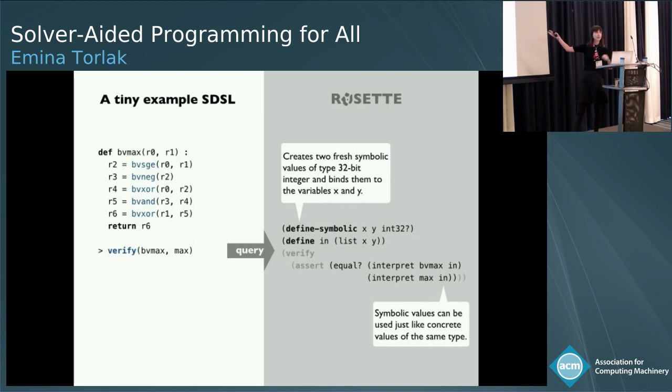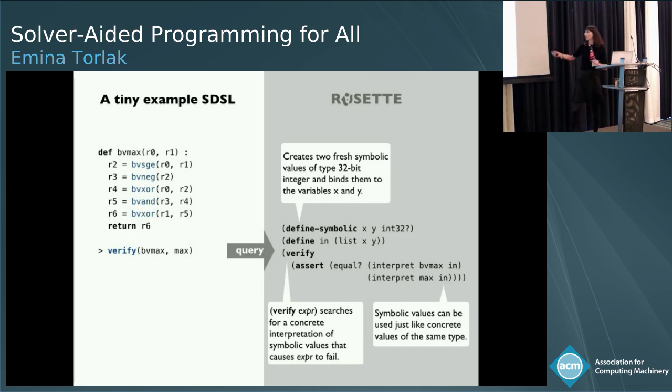Finally, we implement verification in BV by issuing a verify query in Rosette. So the general form of the verify query is like this. It's verify followed by an arbitrary expression in the Rosette/Racket language.